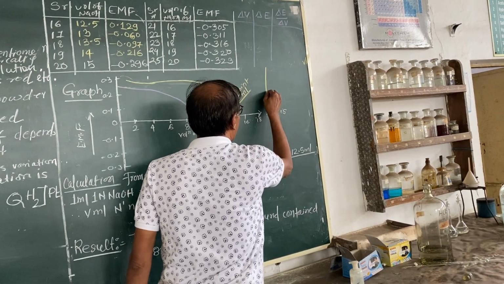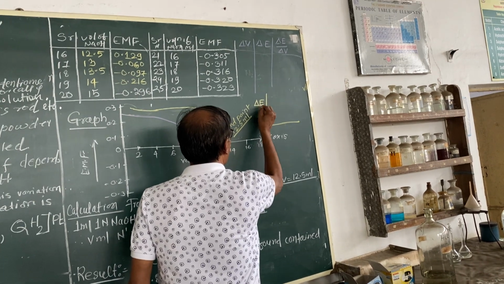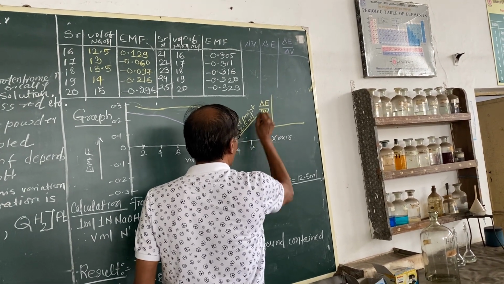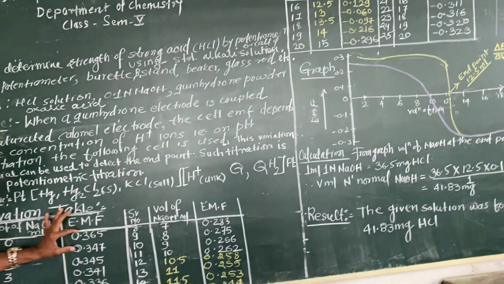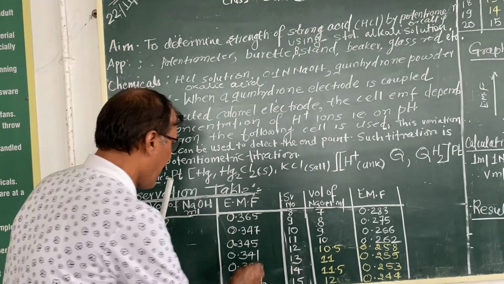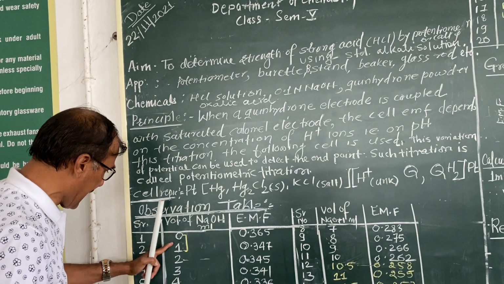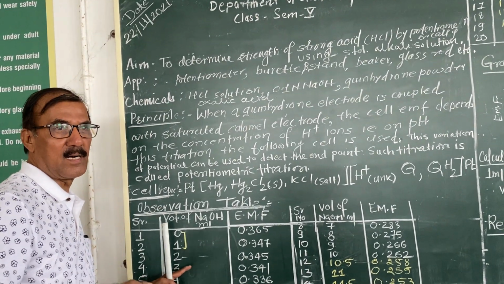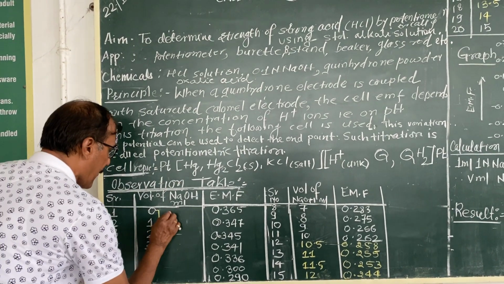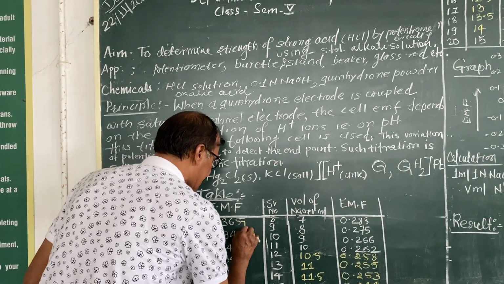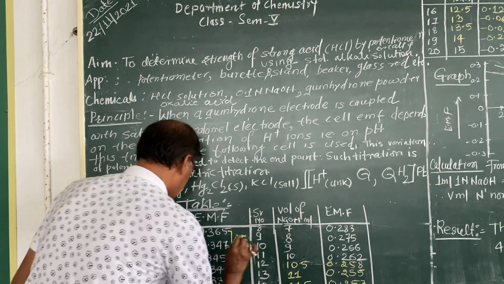What are delta E and delta V? They are simply the differences between consecutive readings. Here you have added 1, 2, 3, 4 ml, but here you have to add only at intervals of 0.5 ml. This is delta V, and correspondingly this is delta E. Okay?